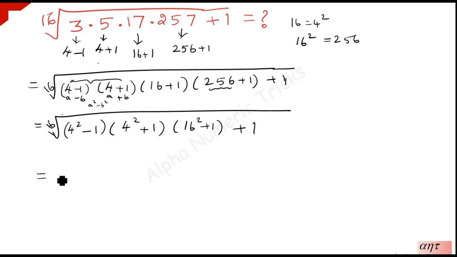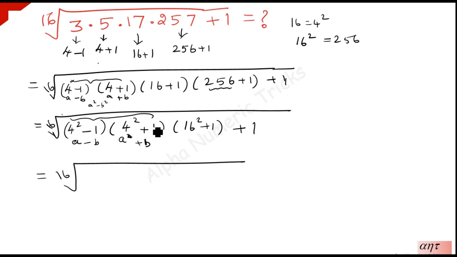And come to this one. This is the 16th root of, here you have again, suppose a is equal to 4 squared, b is equal to 1. a minus b is there, a plus b is also there. So you can apply the a squared minus b squared formula again for these two terms, isn't it?